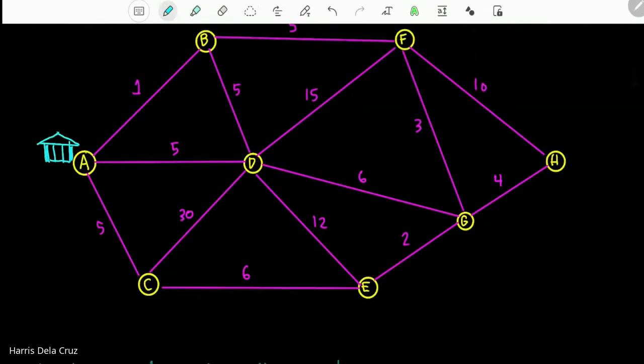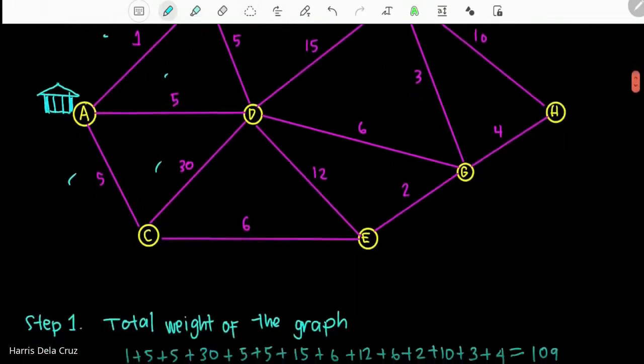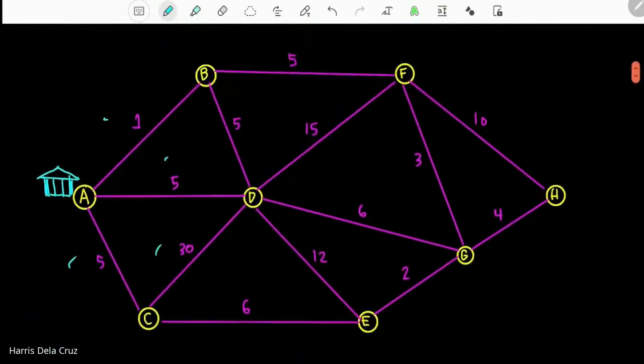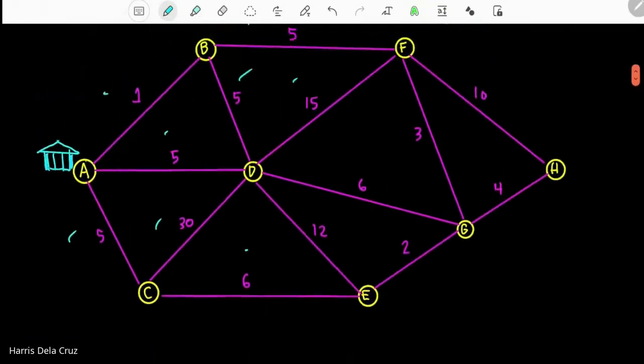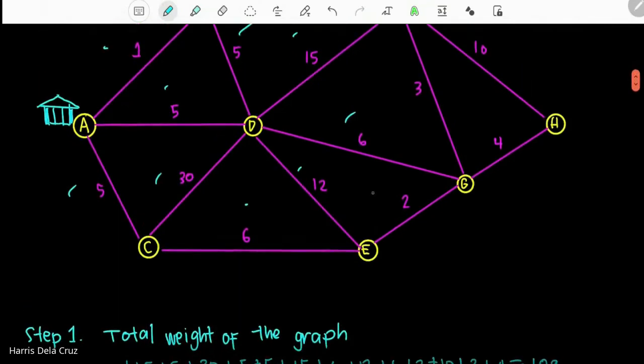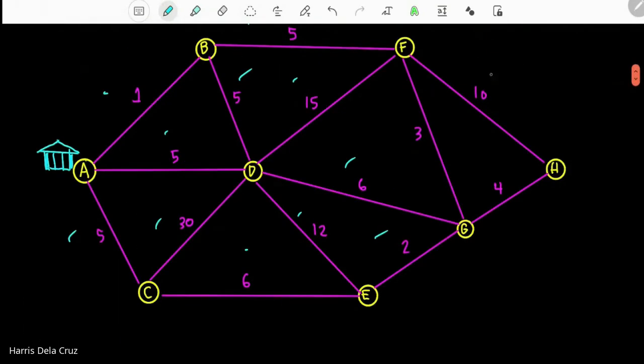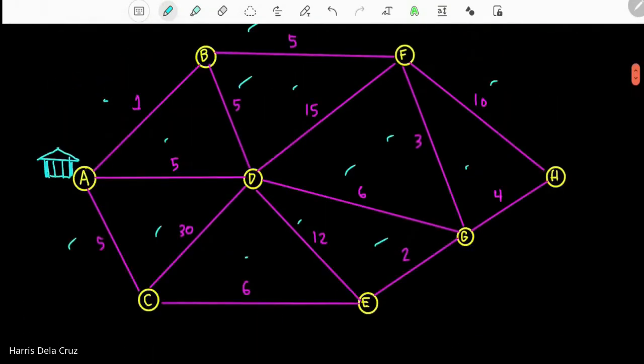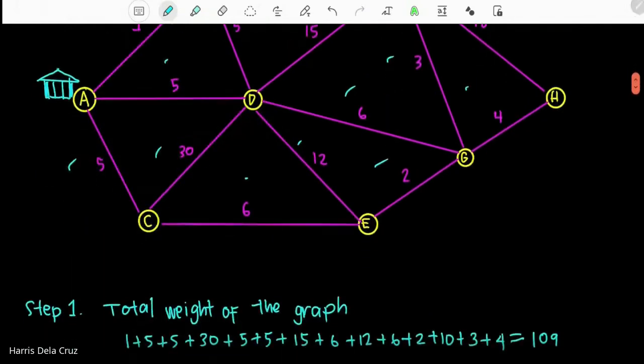So we have 1 plus 5 plus 5 plus 30, and then plus 5, 5, 15, 6, 12, 6, 2, 10, 3, and 4. So if we add all those numbers, we get 109.